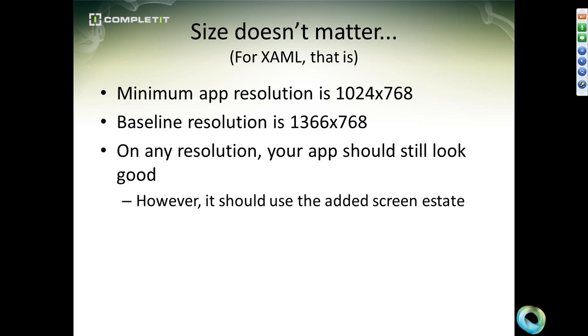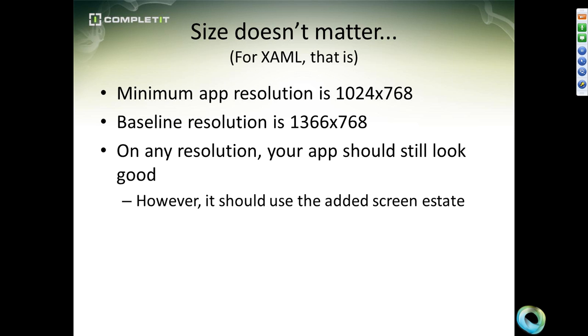Now, thinking about resolutions, this is actually what Microsoft says. Windows 8 will only run on devices with a resolution of at least 1024 by 768 pixels. It will not run on a device with a lower resolution. Now, they are also talking about this so-called baseline resolution, which is 1366 by 768.